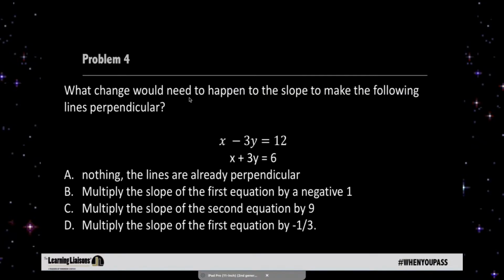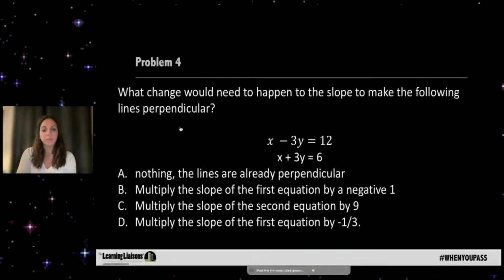X plus 3y equals 6. Nothing. The lines are already perpendicular. Multiply the slope of the first equation by -1. Multiply the slope of the second equation by 9. Multiply the slope of the first equation by -1/3.